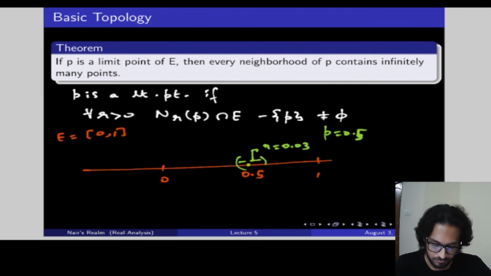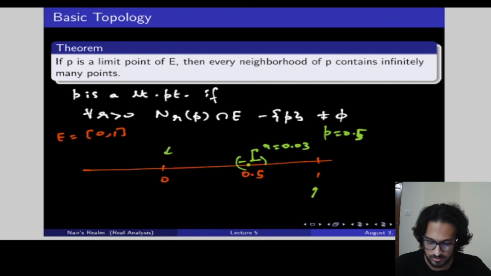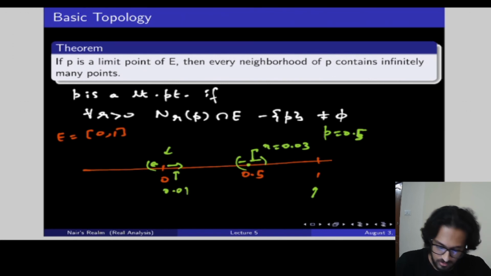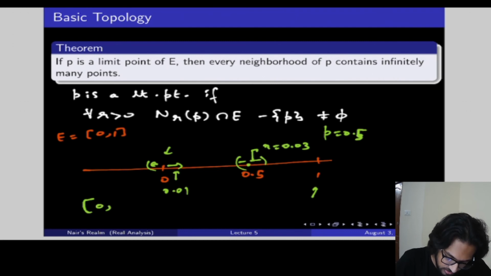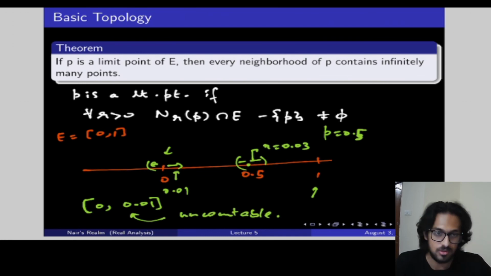But what about for 0 and for 1? We'll check that also. It's the same logic. If I draw any radius, let's say this is 0.01, again, because this is a closed set, we know this is uncountable. This is an uncountable set, right?